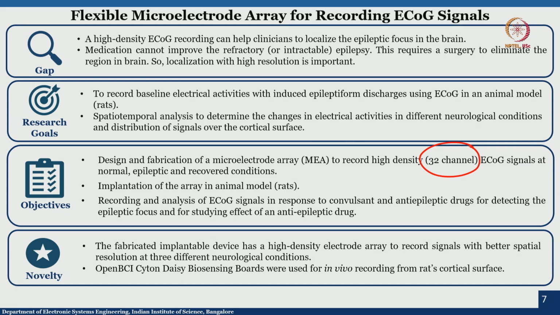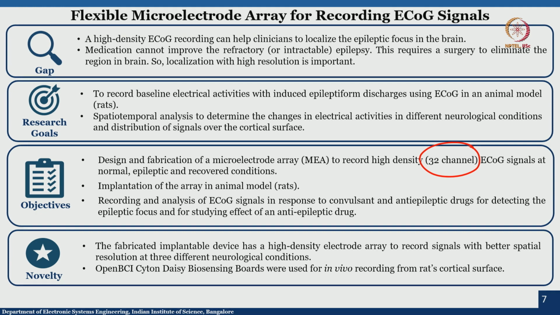Because we are talking about the rat's brain, and the rat's brain is extremely tiny. So, for a rat's brain, 32 channel is a high density ECOG microelectrode array. And we have to implant this in the rat's brain and record and analyze the ECOG signals in response to the convulsant and anti-epileptic drug. What is convulsant? I am really sorry.